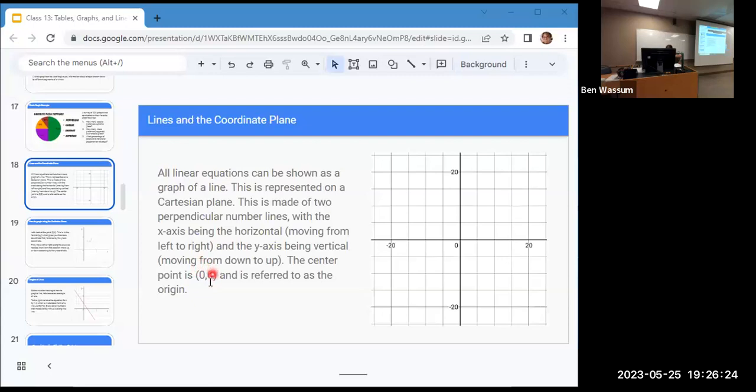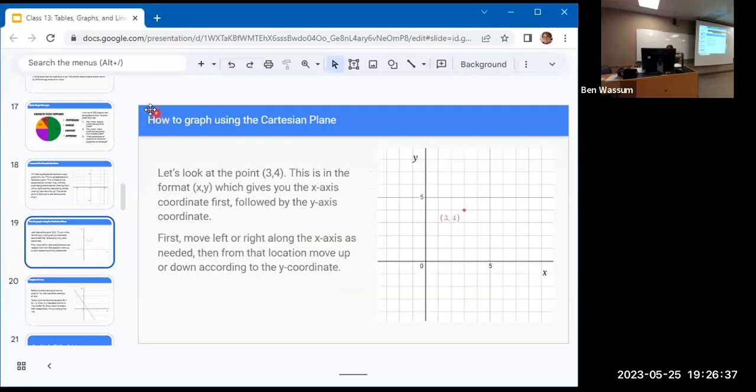So if you look at the way a point is set up, it's always in parentheses. Then you have the x value, comma, the y value. Let's take a look at one of those. So in this case, the point given is 3, 4.